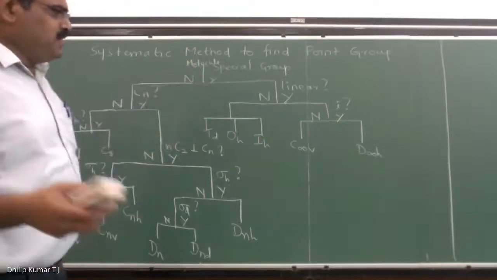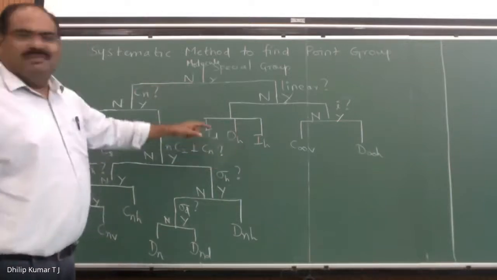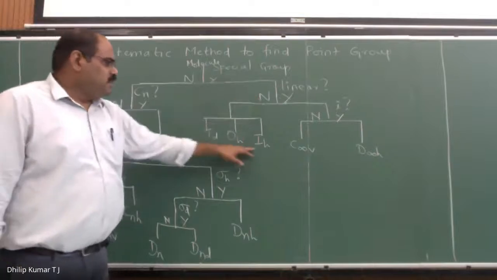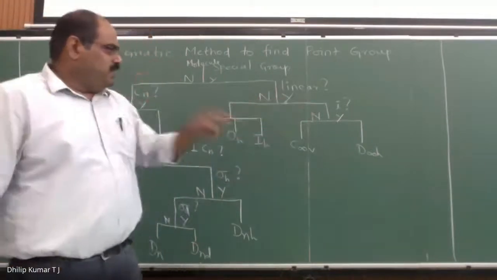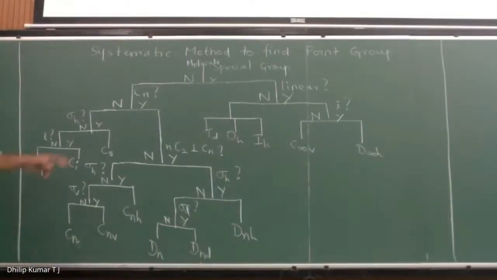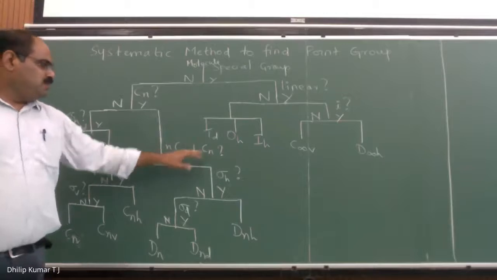If you remember, in the last two classes every point group we have addressed with some examples, right? We talked about D infinity h, C infinity v, and then these groups C1, Ci, Cs. Then we talked about Cn followed by n times of C2 perpendicular to Cn, and those are called D groups. So it will be Dnh, Dnd, and Dn.